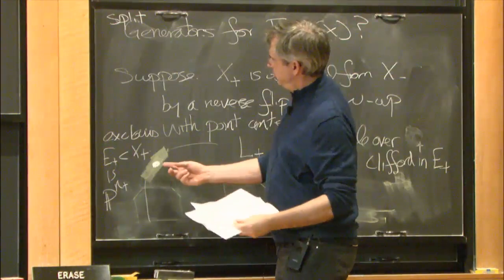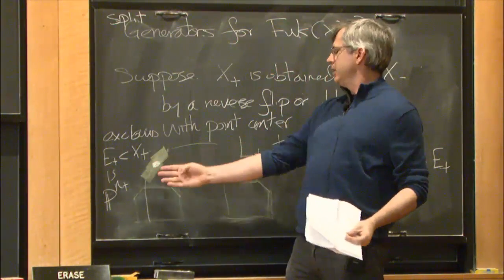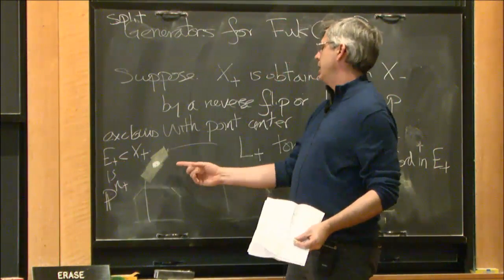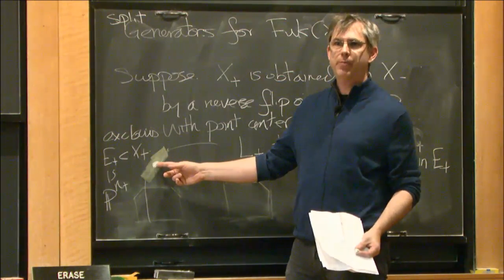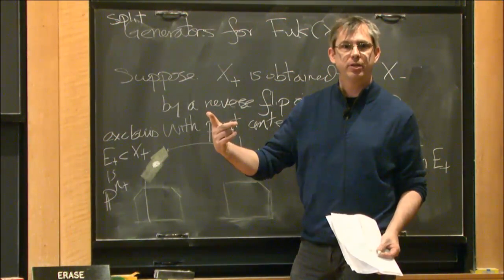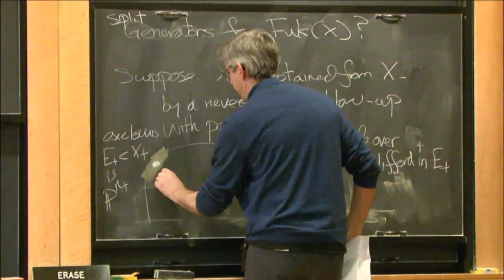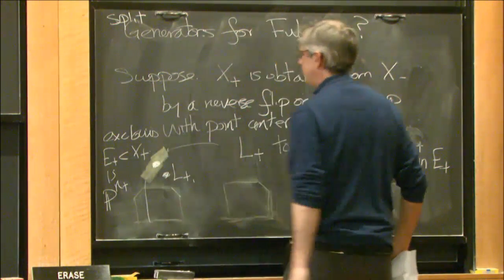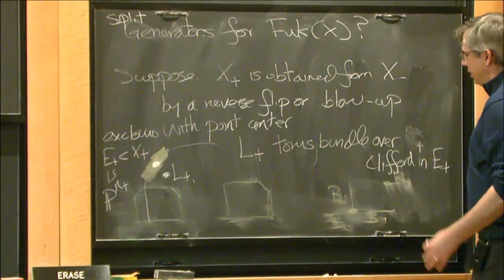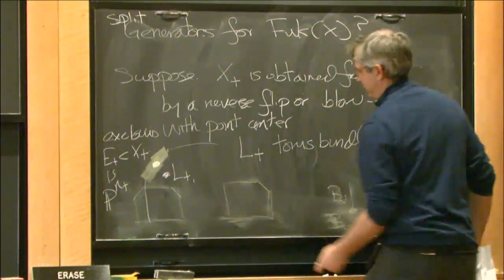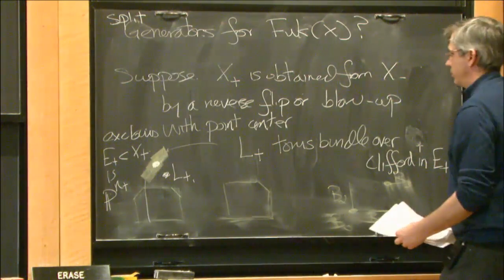If I would just look at this, the inclusion of E plus in the whole space would just give me an isotropic. I have to thicken that up to get a Lagrangian. So L plus is going to be here, sitting a little bit away from the actual Clifford torus in the exceptional locus.